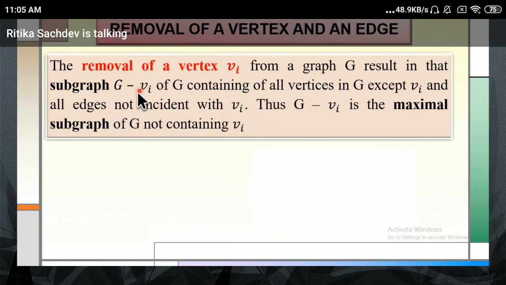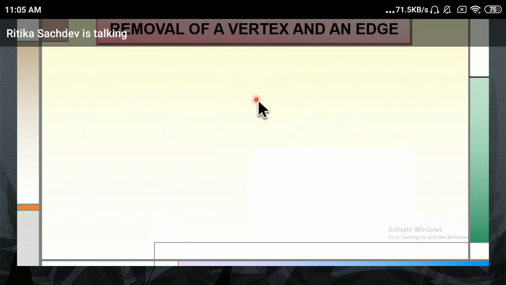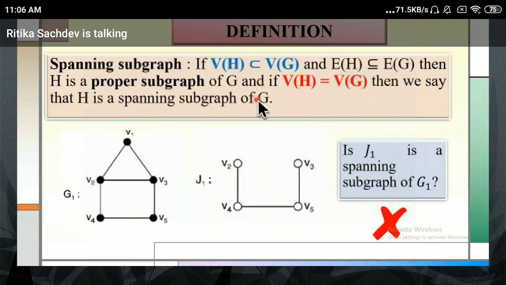That means G minus Vi will have all the vertices except Vi and all the edges except those incident with Vi. Now, for that, we have this particular graph. I want to remove this V1. If I remove this V1, then what will happen?